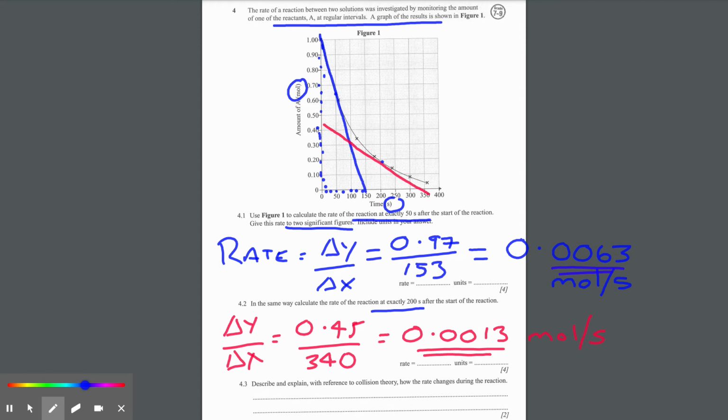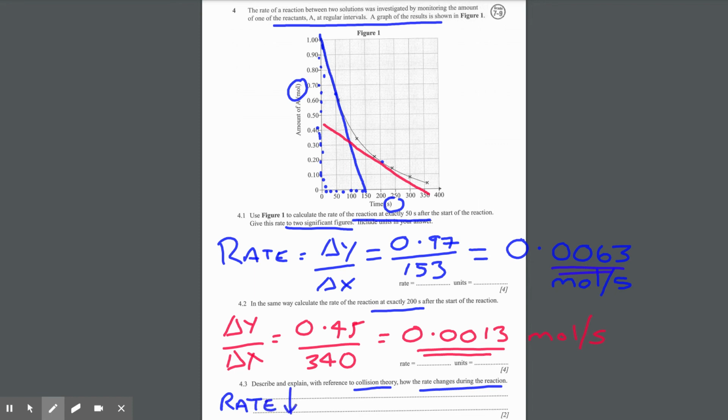The third question is asking us to describe and explain with reference to collision theory how the rate is changing. So as we've just said, the rate is going down. So the rate is going to decrease.